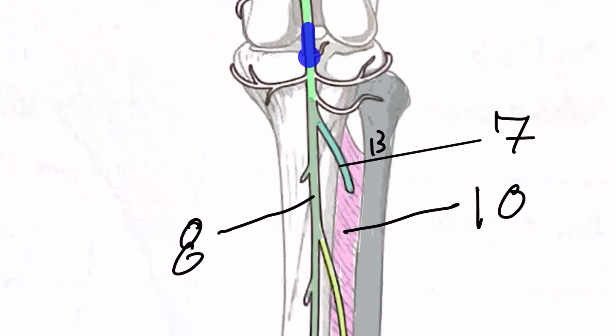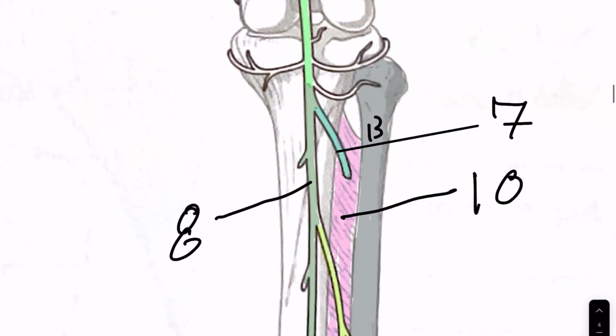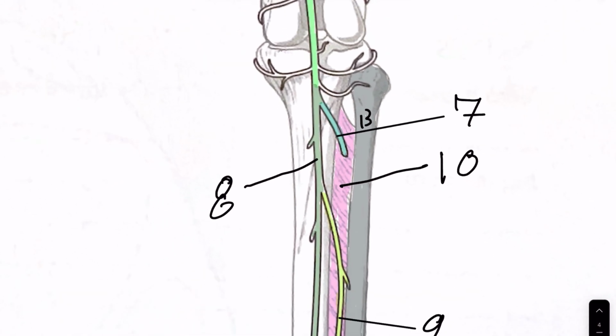Then, after the popliteal fossa, we see it turn into another name, which is the posterior tibial artery or vein, and the anterior tibial artery and vein, and you can see that's going through the interosseous membrane.